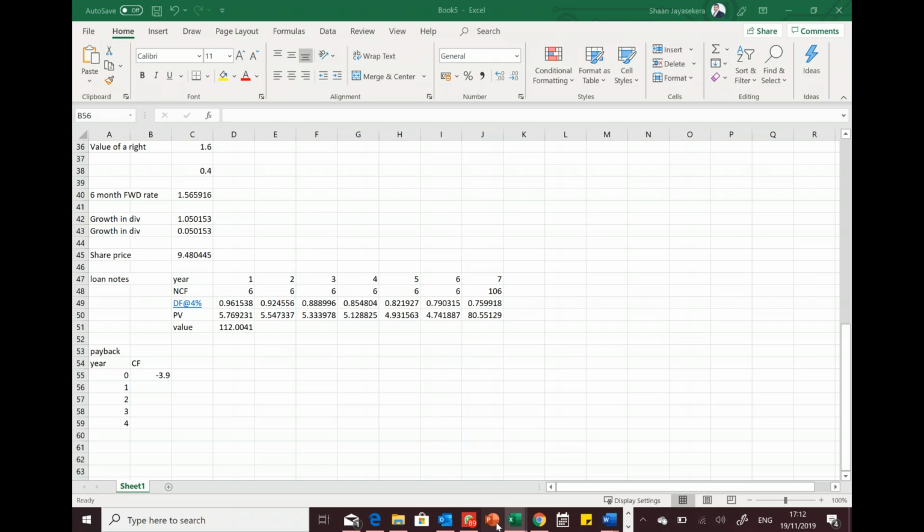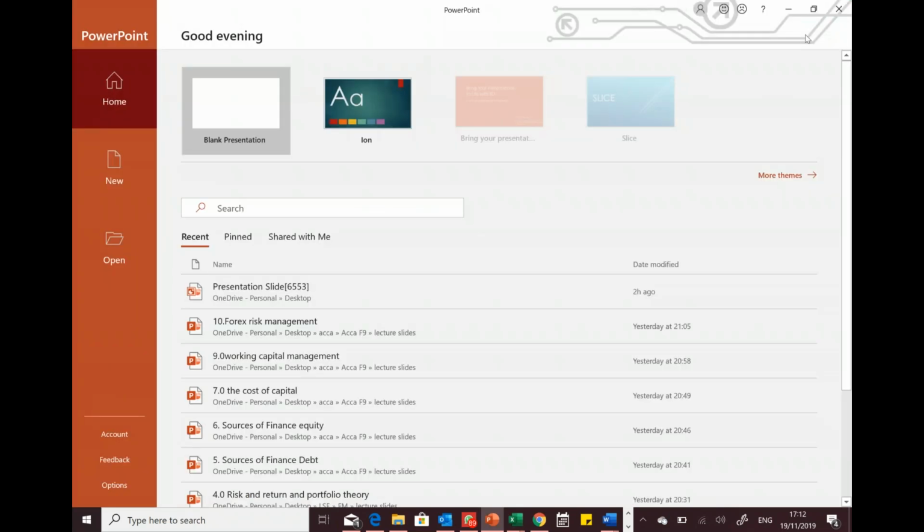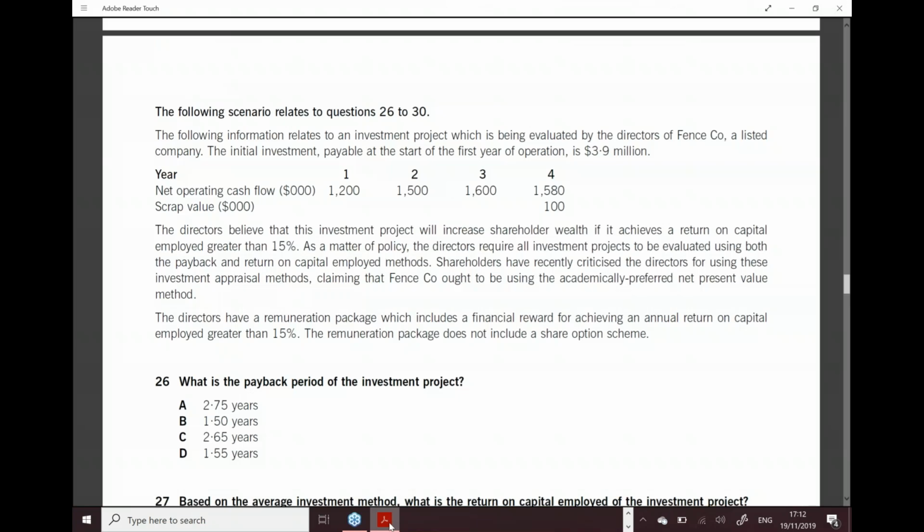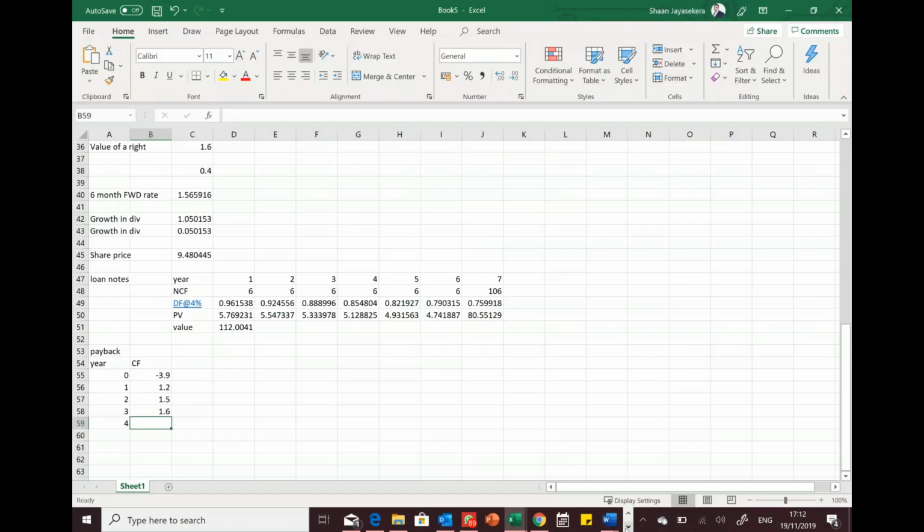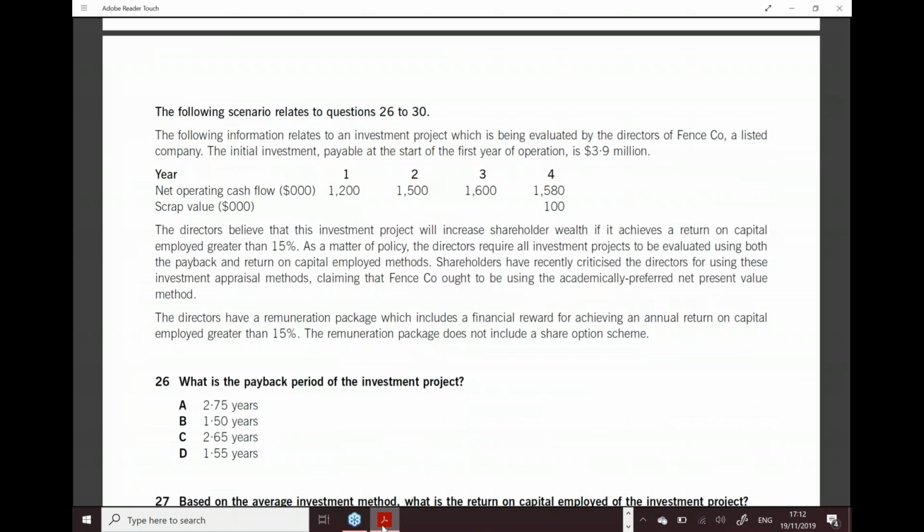Then 1.2, 1.5, 1.6, and finally 1.68 because of the scrap value as well.